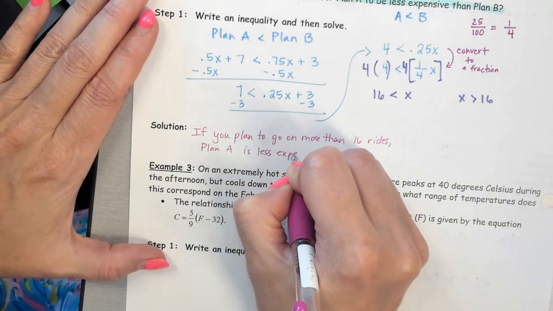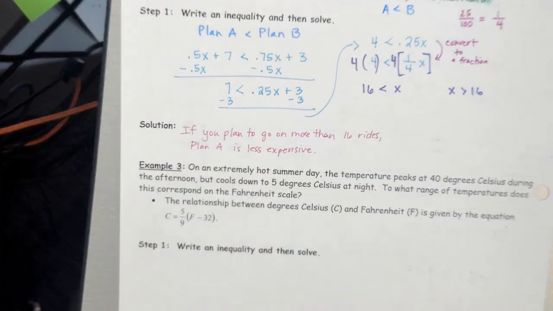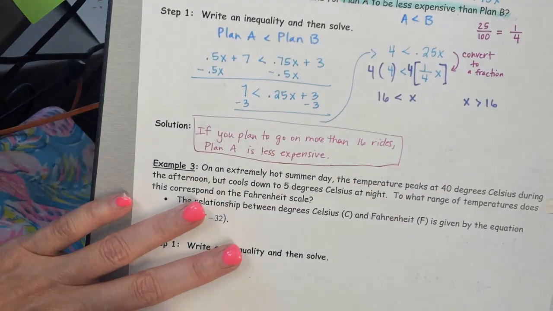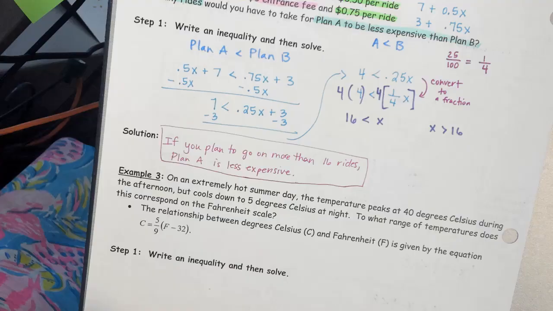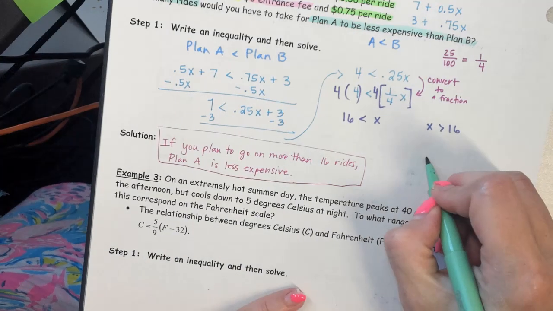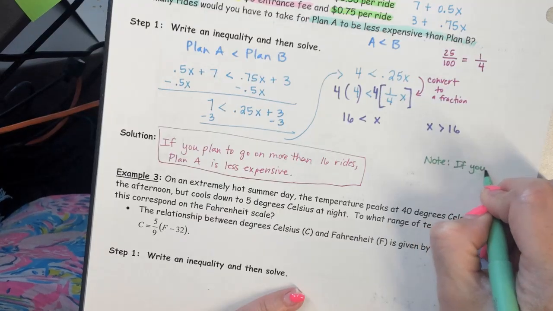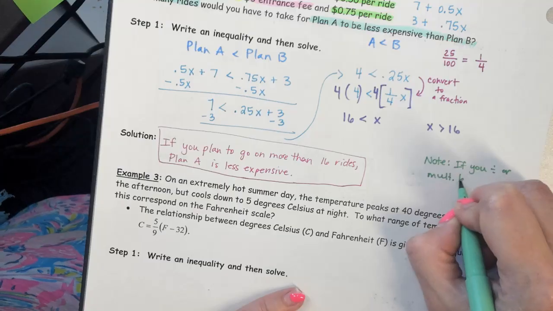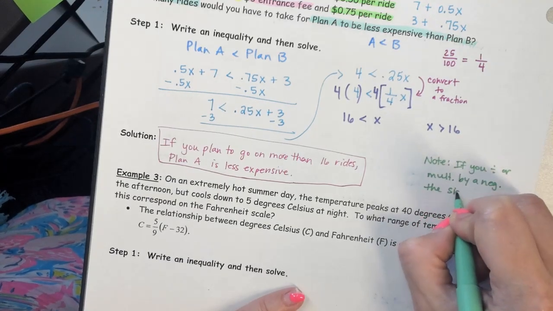Or you could say cheaper. I just said less expensive because that is what they asked in the question. And also a note to help you with your homework, just a reminder, if you divide by a negative, or if you multiply by a negative, the sign flips.